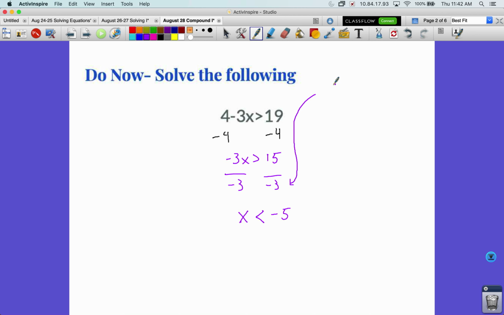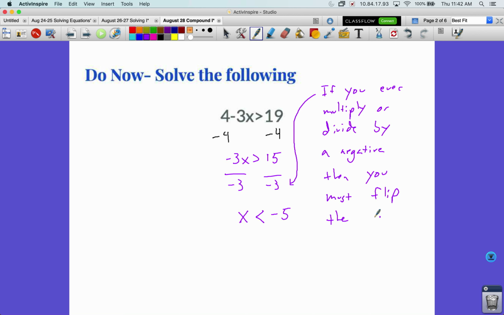If you draw an arrow right here, this is a very important rule about solving inequalities: if you ever multiply or divide by a negative, that word negative, then you must flip the inequality symbol.